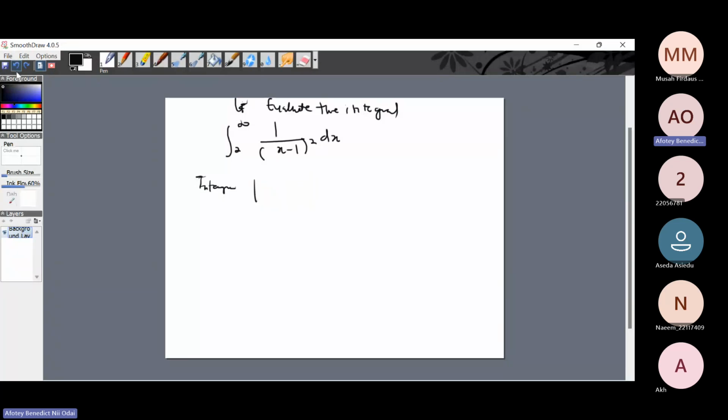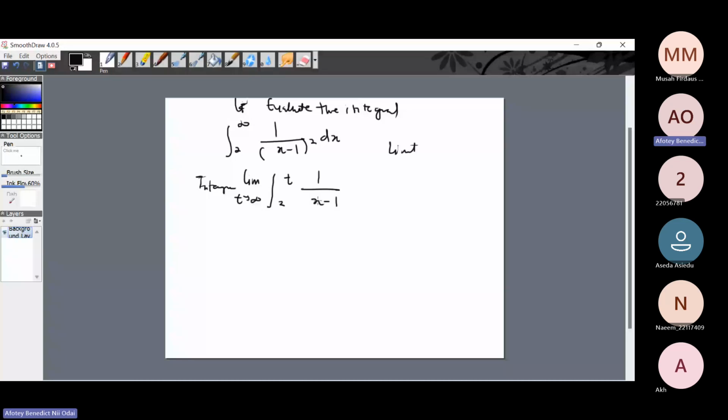So if you are having something like this, it's like you are finding the area from 2 to infinity. So what we can do is use the concept of limit. We can redefine this as the integral from 2 to t, as t approaches infinity, the limit as t approaches infinity of the same expression.